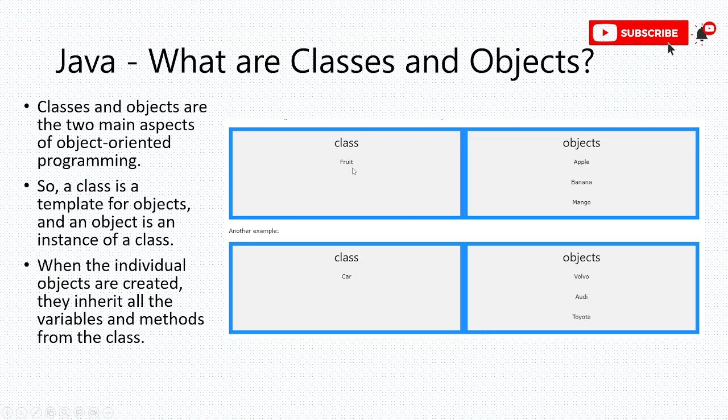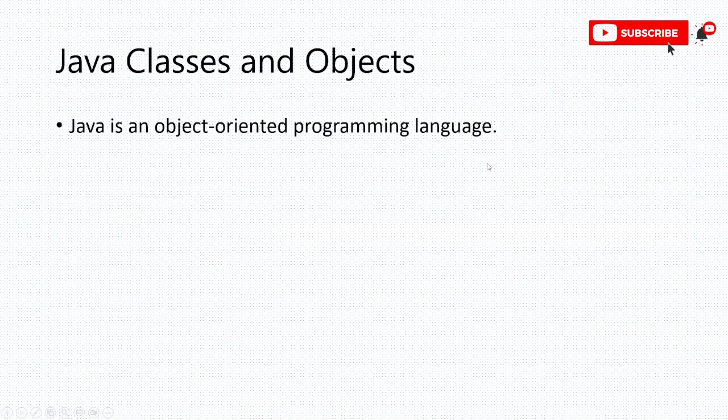Inside the class, you have these members, the variables and methods, and once you instantiate an object of a certain class, you inherit all of the members of that particular class. So that's the power of object-oriented programming.